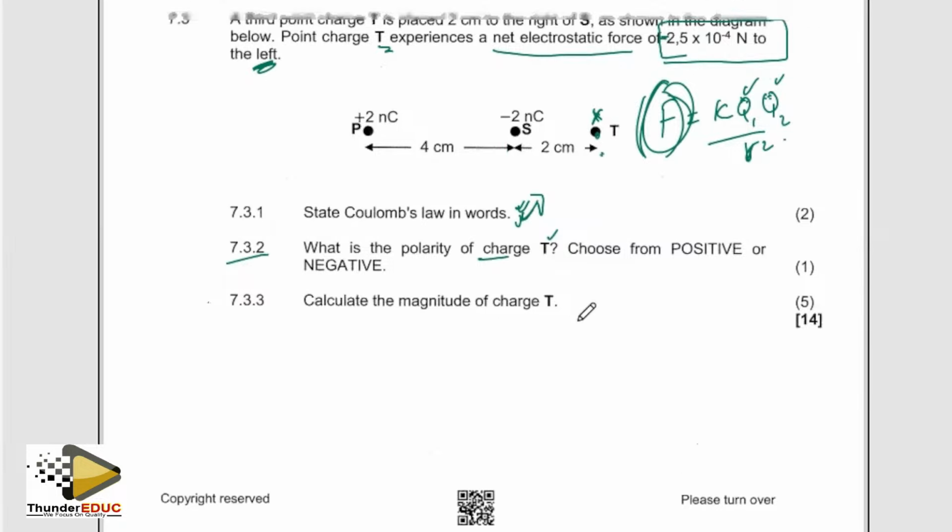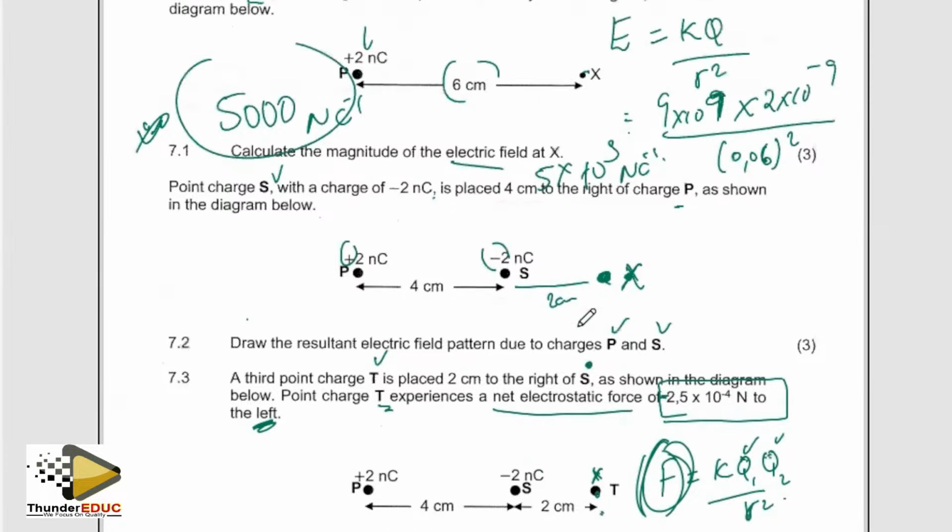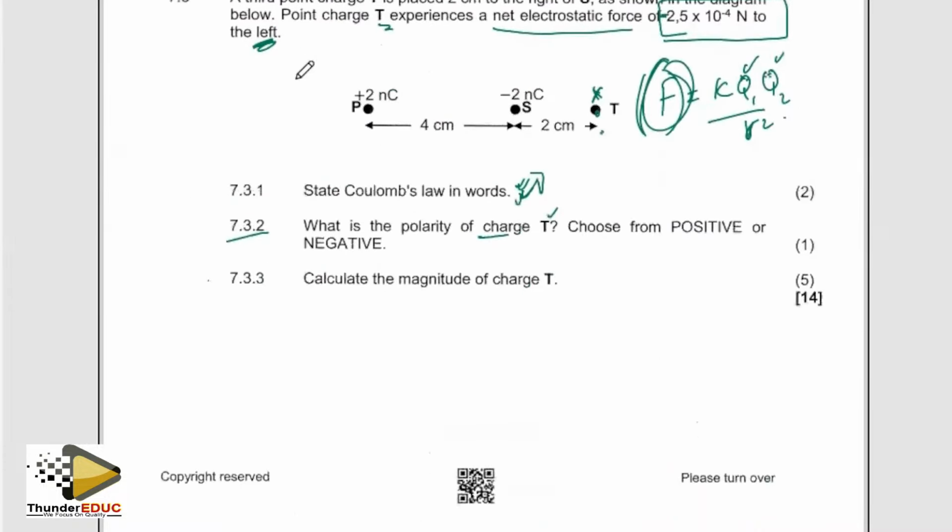Initially, for the point charge, we had the 5,000, which was positive, but that was just a point charge. So let's say I make this a negative. We know that this positive and the negative is going to cause attraction, which means the force acting on T is going to be to the right.